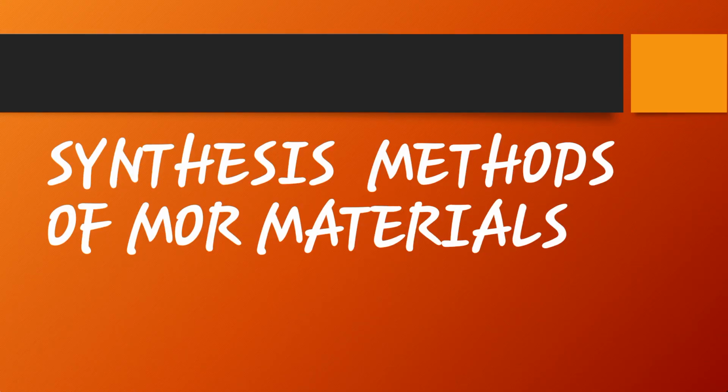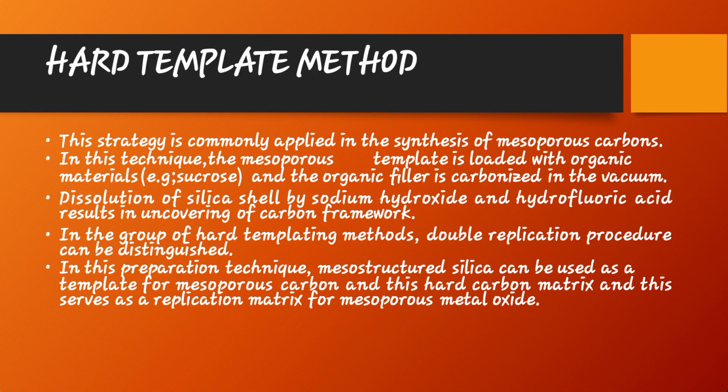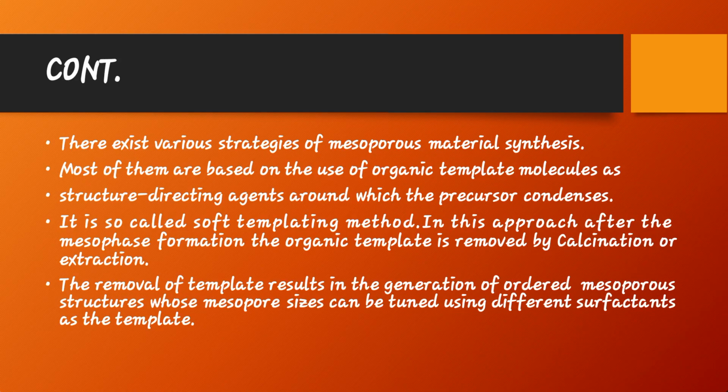Synthesis methods of MOR materials. There exist various strategies of mesoporous material synthesis. Most of them are based on the use of organic template molecules as structure directing agents around which the precursor condenses. It is the so-called soft templating method.